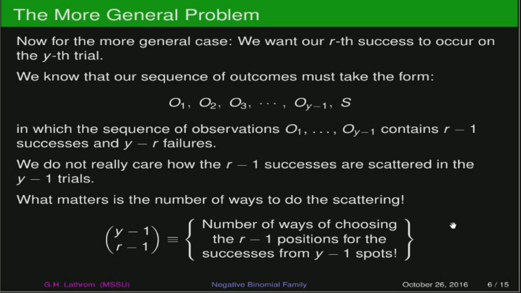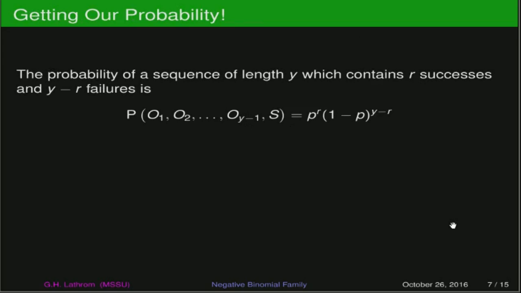Now the probability of our sequence, O1, O2, all the way up to O_(y-1), and then our last observation of a success: that sequence contains r successes and y - r failures. And so the probability for that particular sequence is just p^r (1 - p)^(y-r).